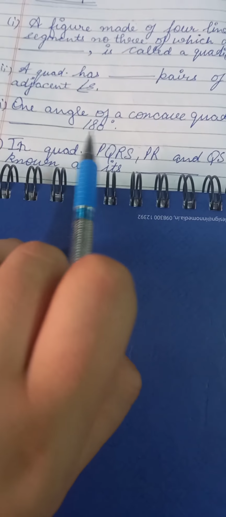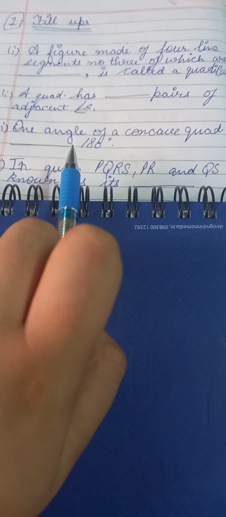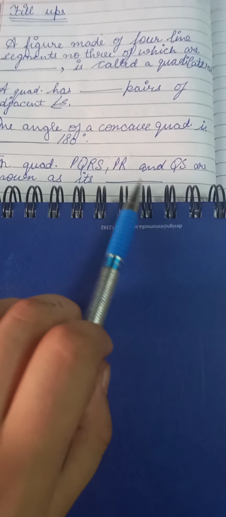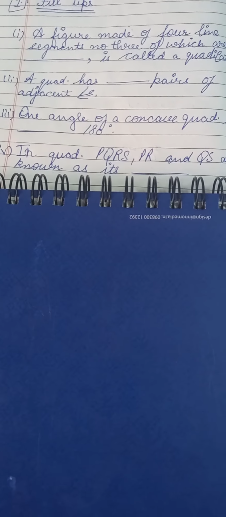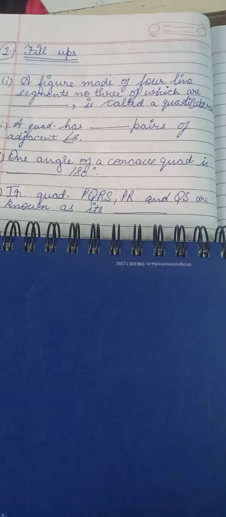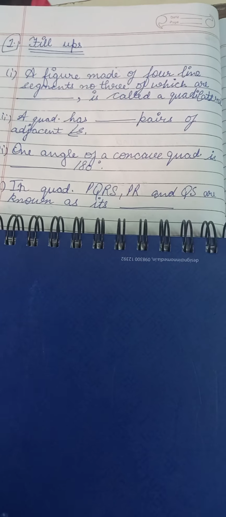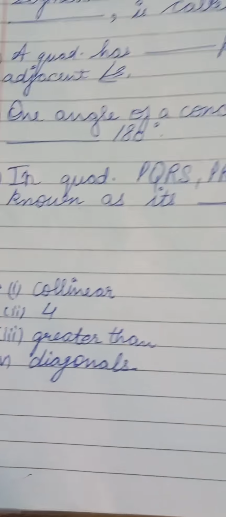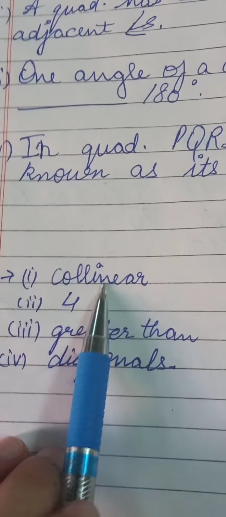One angle of a concave quad is dash 180 degrees. Answer is greater than 180 degrees. In quad PQRS, PR and QS are known as its dash. What is the answer? The answer is diagonals. So I hope you understand it. These are the answers of these 4 fill-in-the-blanks.